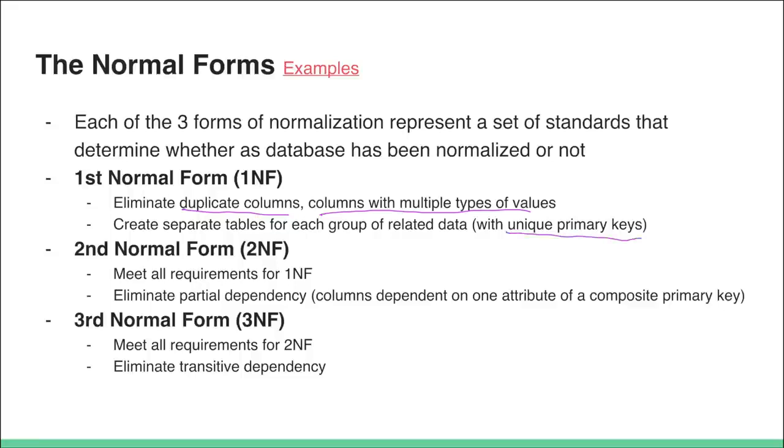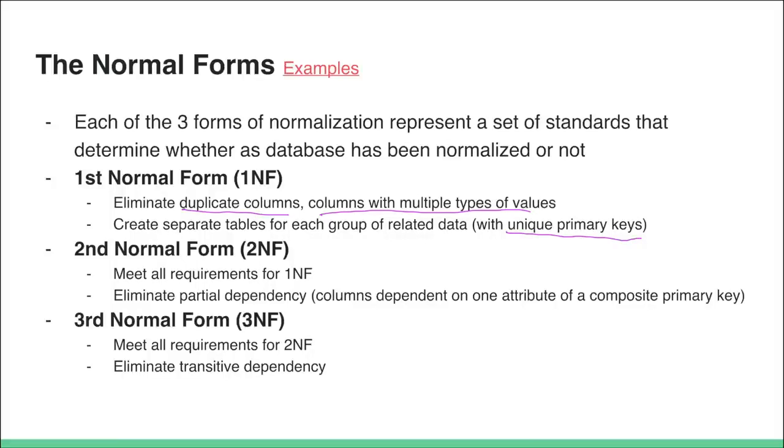Now, the problem with normal forms is that if you look online or in a textbook, they explain normal forms and distinguish between the first, second, and third normal forms in different ways. For example, some sources will say that the first normal form mandates unique primary keys, while others will say that the second normal form mandates it.